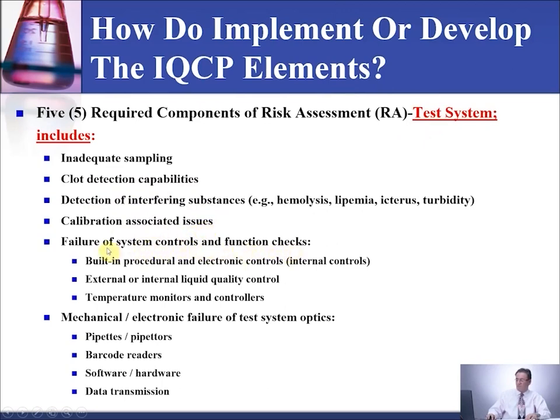Under that you need to look for built-in procedural and electronic controls, external or internal liquid quality control, temperature monitors and controls, and then you need to look at mechanical and electronic failure of the test system, options, optics, and under that you need to look at the pipettes, barcode readers, software, hardware, and data transmission.